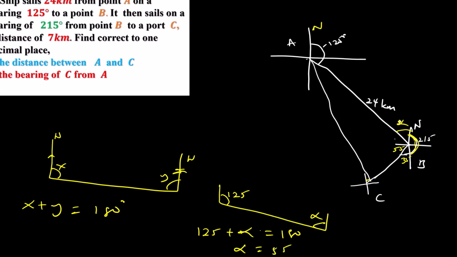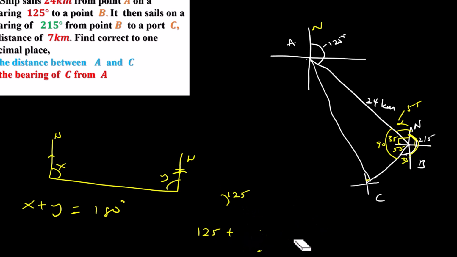This side is 55. So we know this side is 90. So 55 plus what value gives us 90? So this side is 35. So 35 plus 55 gives us 90. It means at B, we form a right angle there.